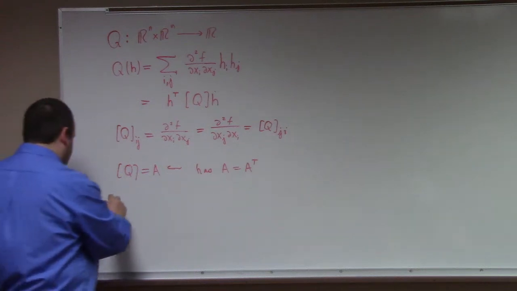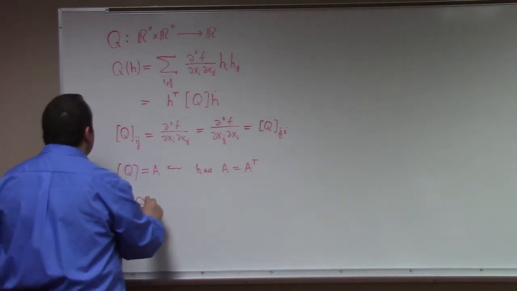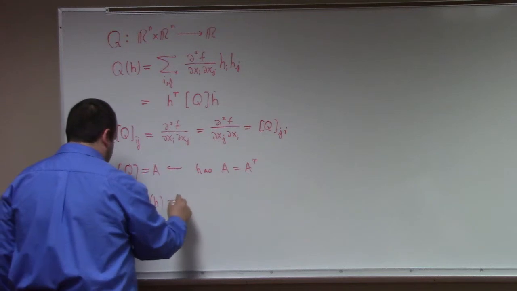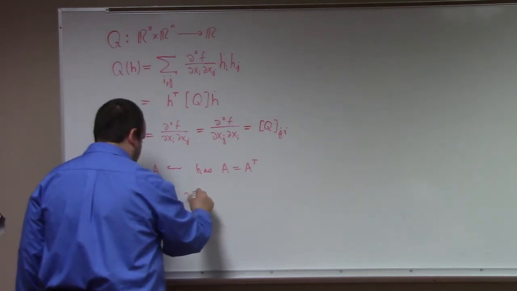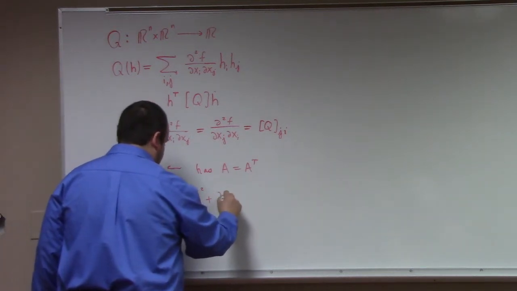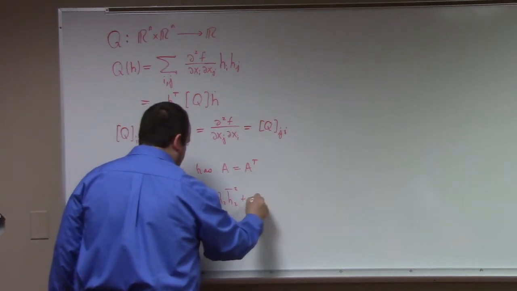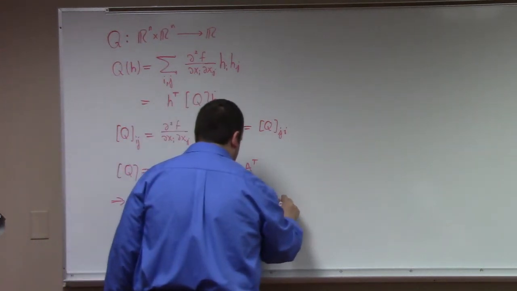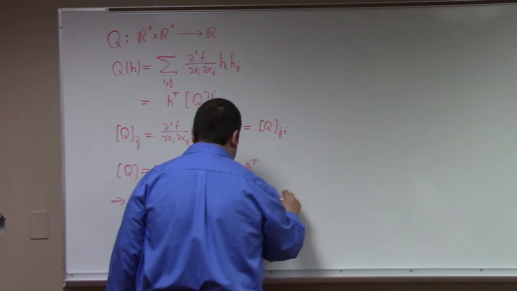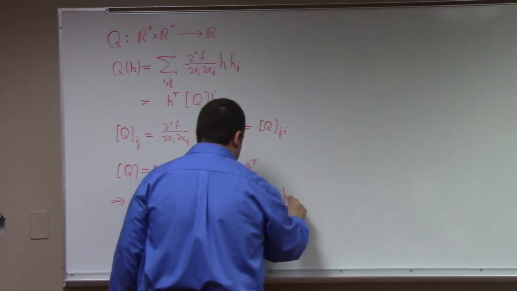Which implies that we can rewrite Q of h as lambda 1 h-bar 1 squared plus lambda 2 h-bar 2 squared plus, however many eigenvalues you've got, let's say n, lambda n h-bar n squared.